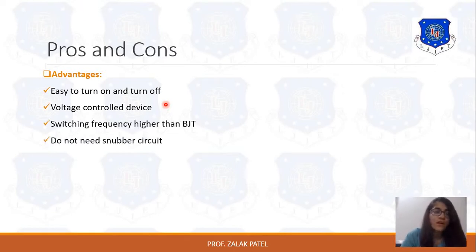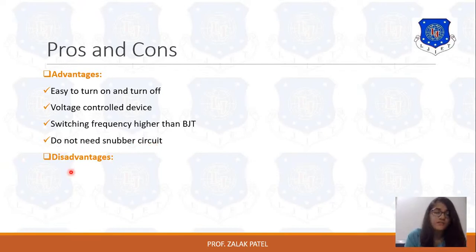It does not need any snubber circuit, as we discussed earlier that in the punch through IGBT we do not require dV by dt and di by dt protection. Why? Because it does not have a very large breakdown voltage. This reason can also be asked as a 1 mark question: why does the IGBT not need any snubber circuit?